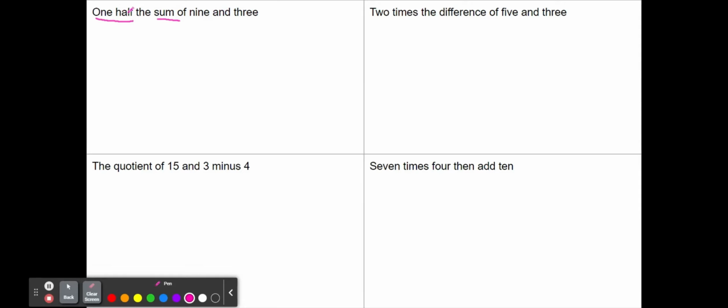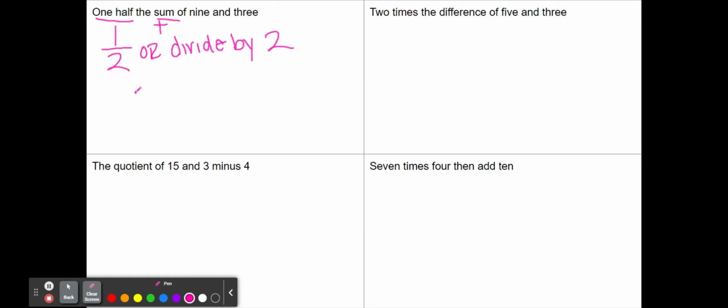When you hear 1/2, it is normally represented by half of something. It could be 1/2 or simply divide by 2. And we know that sum means to add. Let's represent this.